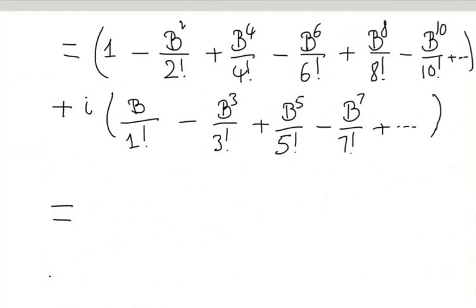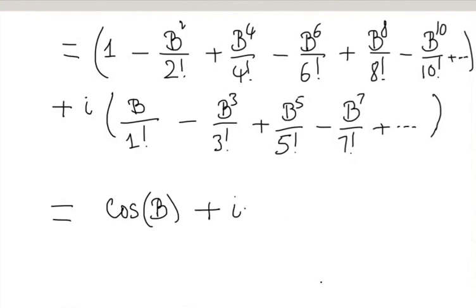Now, again, recall another formula in calculus 2, actually two formulas. What does the first series represent? Does anyone remember that? It represents cosine of b. And what about the second formula?